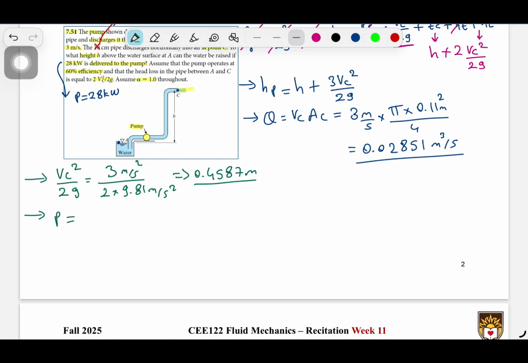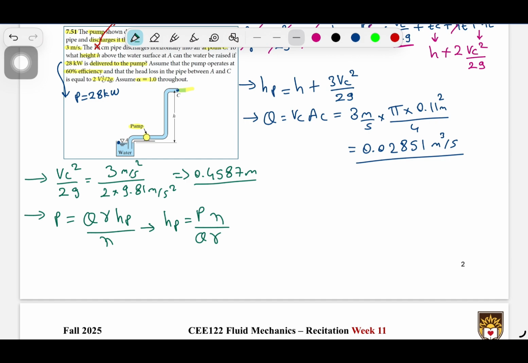As you know, the power equation for the pump is flow rate, specific weight, and pump head over efficiency. And here we need to find HP, so we can leave it alone. So HP is equal to P times efficiency over Q and specific weight.